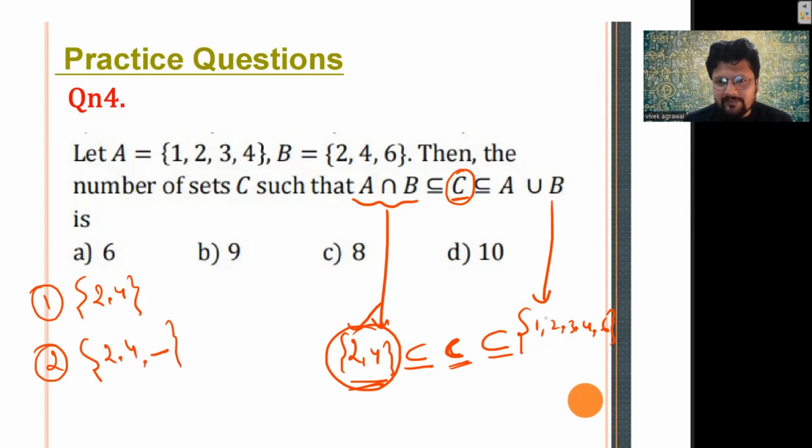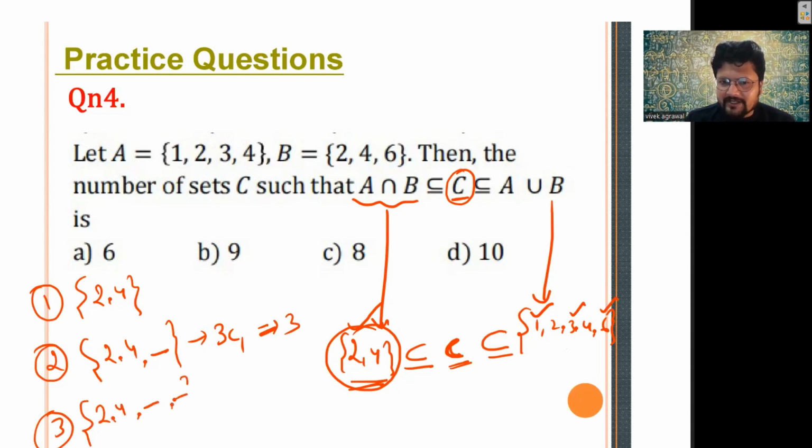That one extra element can be either 1 or 3 or 6. So it can be any one element out of these three, so that will be 3C1. Even if you don't know what 3C1 is, you can think like this: it can be 1 or 3 or 6, so you have three options, right? Now, except 2 and 4, we can have two extra elements.